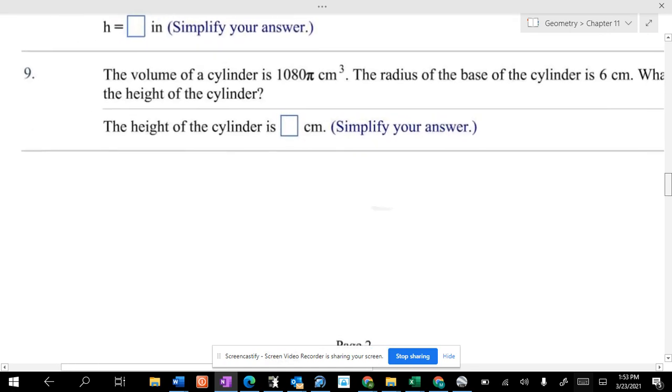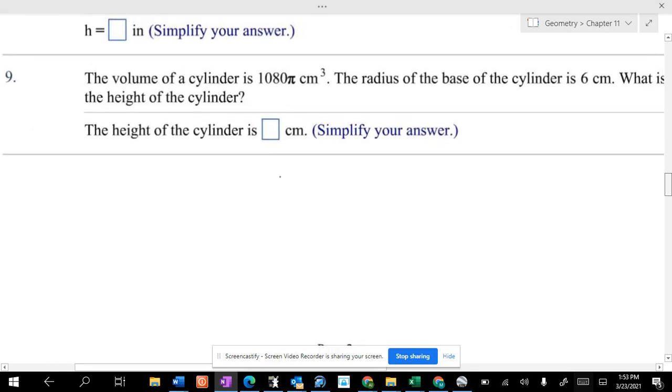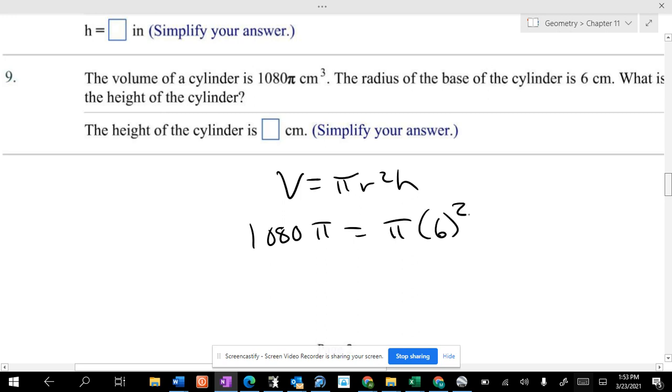And again, here we work backwards. Volume equals pi r squared h. So 1080 pi equals pi r squared h. The pi's cancel.